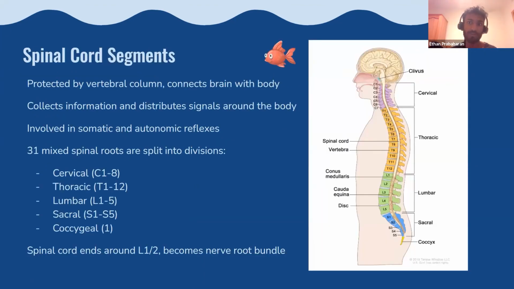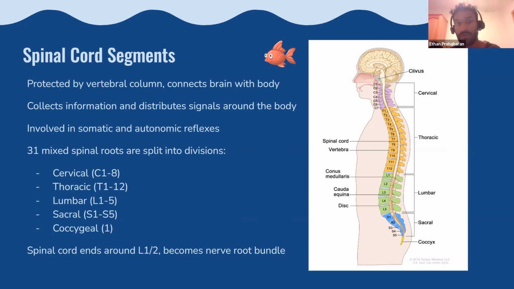The actual spinal cord has different segments to it. The vertebrae at different segments are different, and they'll innervate different parts of the body. The spinal cord is protected by all these vertebrae, connects the brain with the body, and is involved in both your somatic reflexes and your autonomic reflexes.